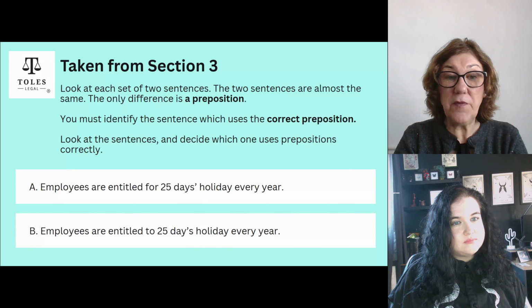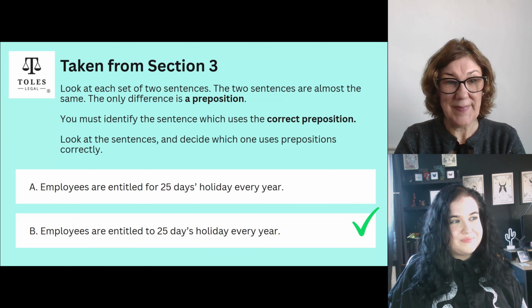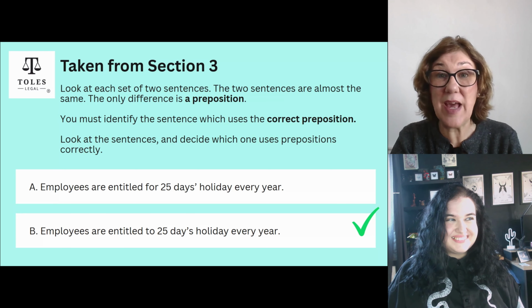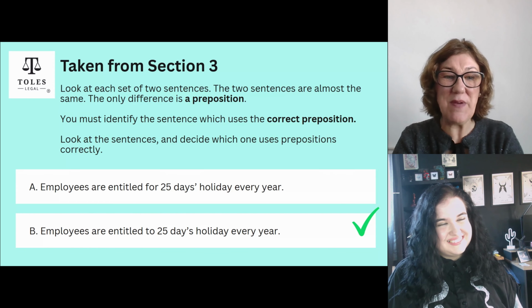Employees are entitled for 25 days holiday every year, or employees are entitled to 25 days holiday every year. For or to? And the answer is to. I'm sorry if you got it wrong. It's English prepositions. There's nothing I can do except put it in our courses and ask you to remember it.